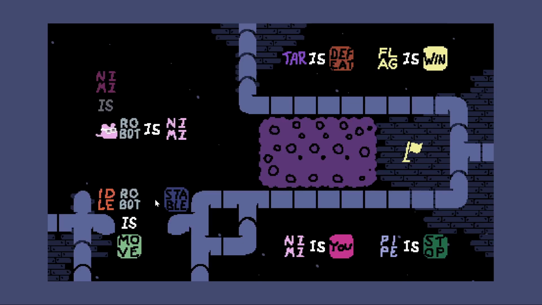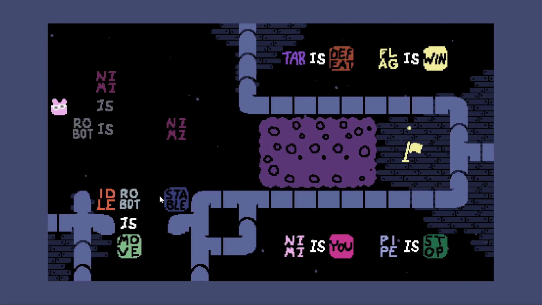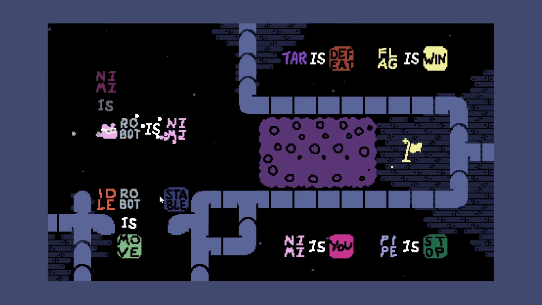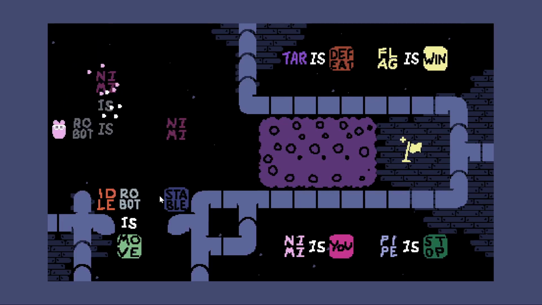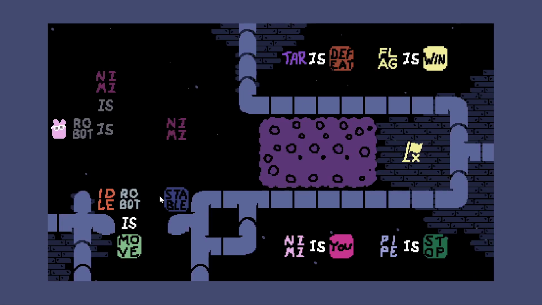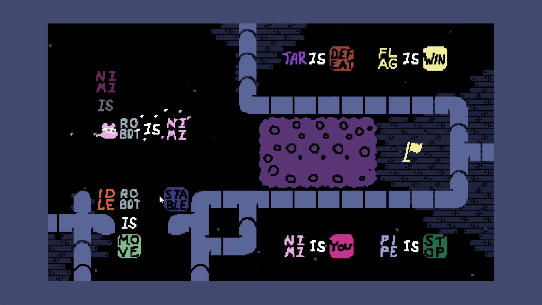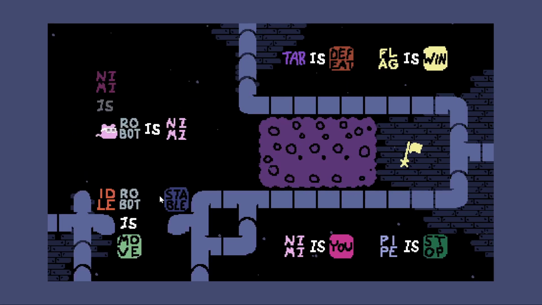The only issue is that the is still needs to be there for me to be stable first, which makes it a lot harder, right? Unless I can stack text. I have robot remove and Nimi at the same time on the same piece of text. Although that's highly unlikely based on what this thing is about.